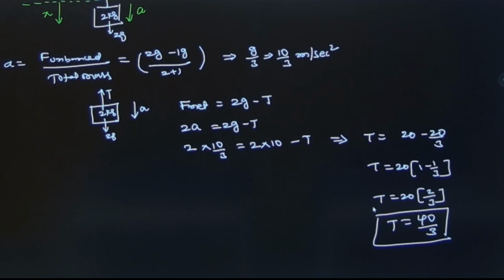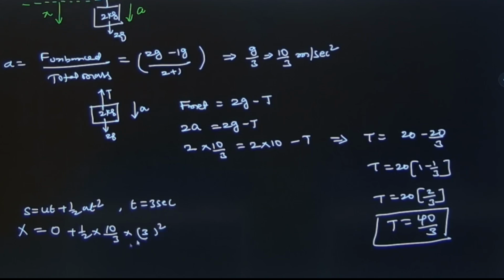Okay, 4g by 3. Now, work done by this tensional force: what is the displacement? Let me find the displacement. S is equal to ut plus half at square. So displacement X, started from rest, is half into the acceleration, 10 by 3, and t is given as 3 seconds, after 3 seconds, right?